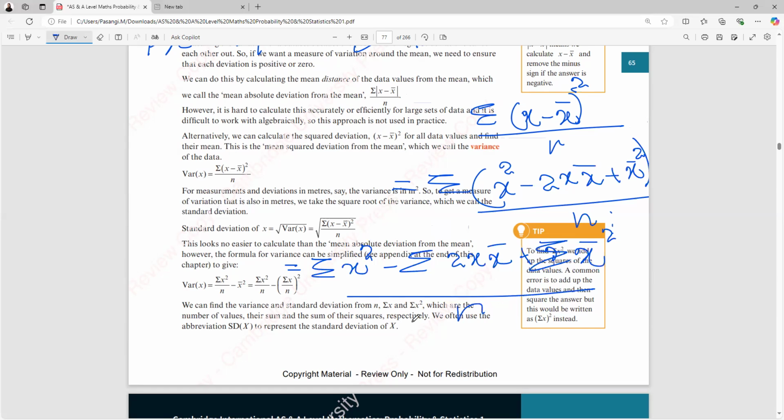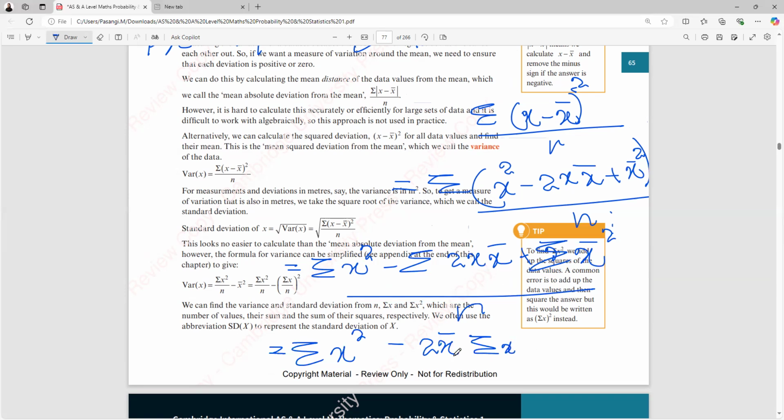Now 2 is a constant, and x bar also is a constant. So we can take that 2 x bar out, and then consider the rest like this.